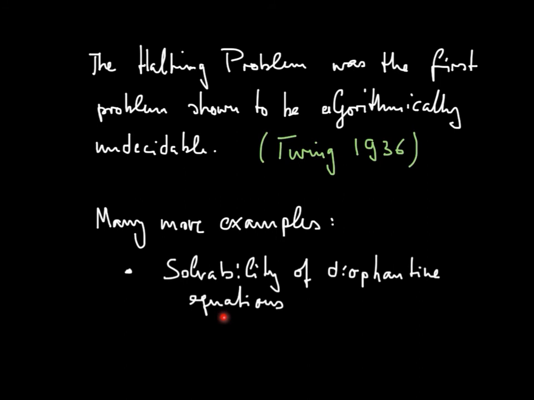That is an unsolvable problem, and that's also known as Hilbert's 10th problem. And this was shown to be undecidable, whether a given Diophantine equation has a solution in the integers or not. This was shown by Matiyasevich, Robinson, Davis, and Putnam.